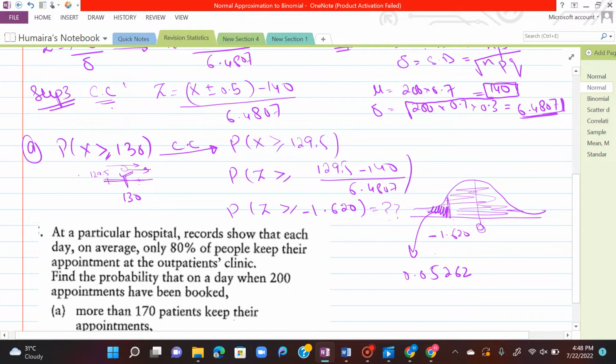Because we know that the table always gives us the area from minus infinity to that particular point. So do I need the less than area or greater than? I need the greater area. So for that I will just subtract it from 1, and that is my final answer, which is 0.94738. Similarly I can do the rest of the part in the same way.